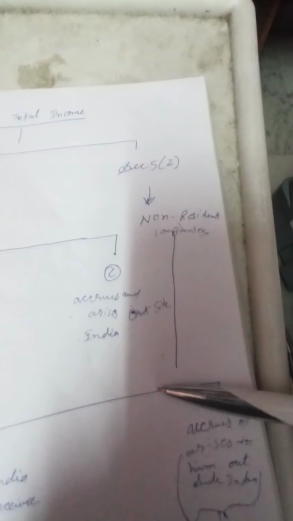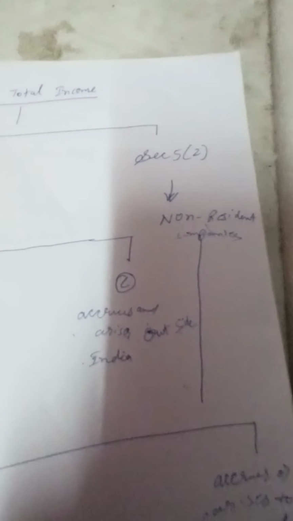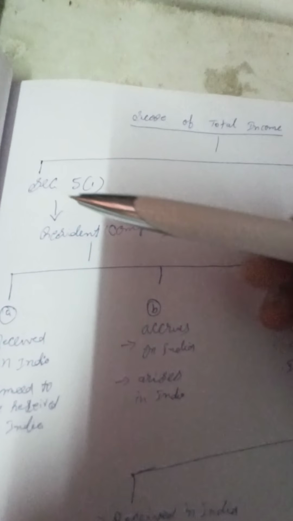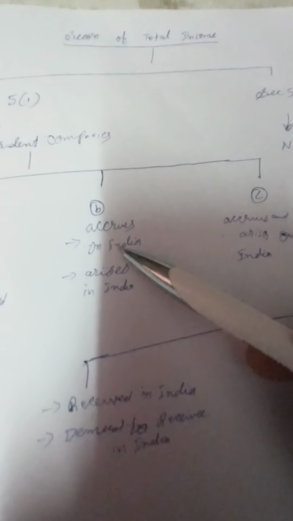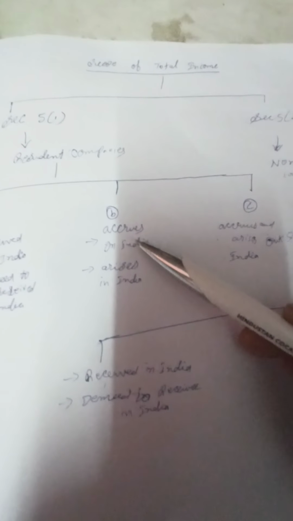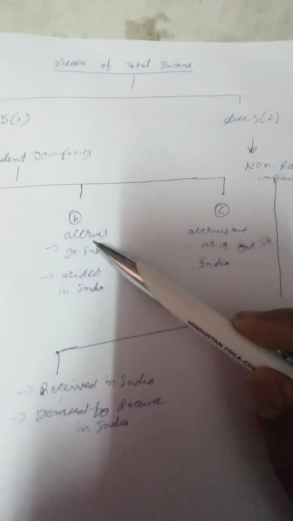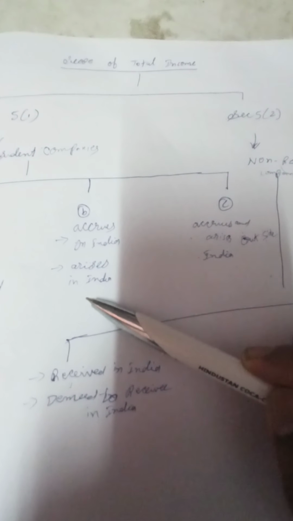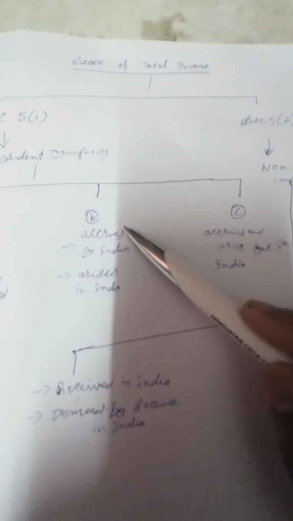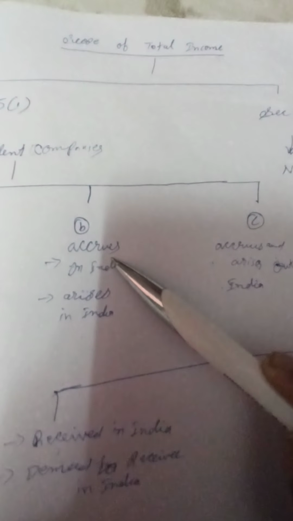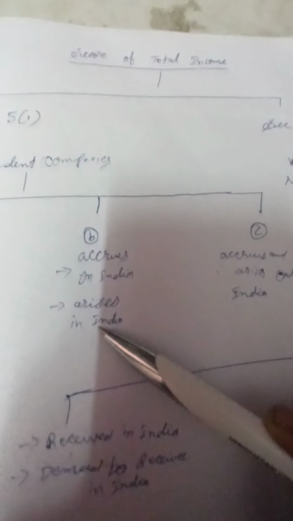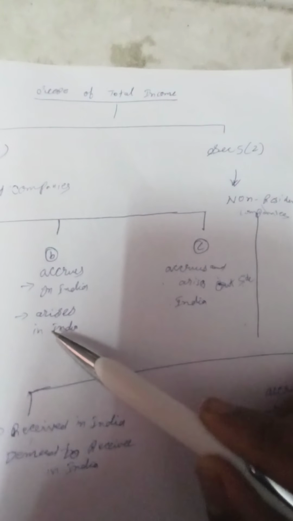Then you come back to India and pay the tax to the Indian government just because you are a resident company. But see the second scenario: accrues in India, arises in India. You have generated the revenue in India and you have received the income in India.